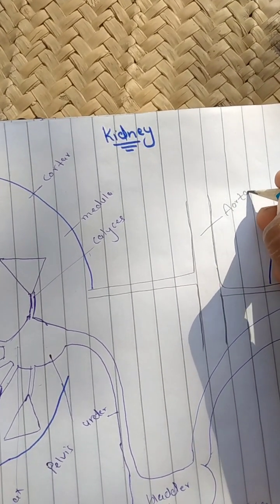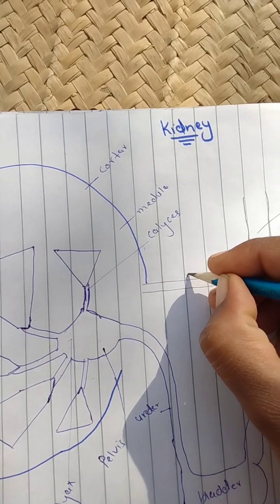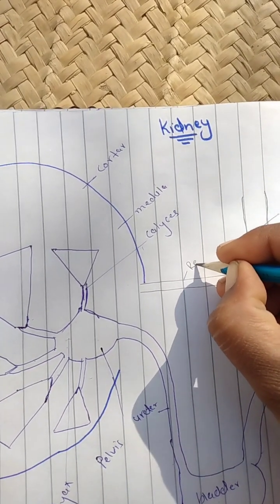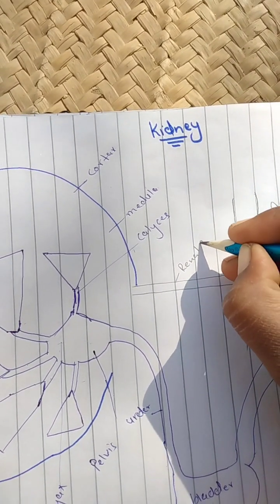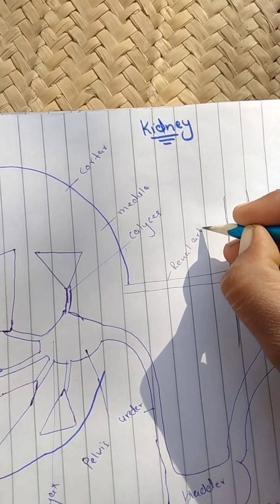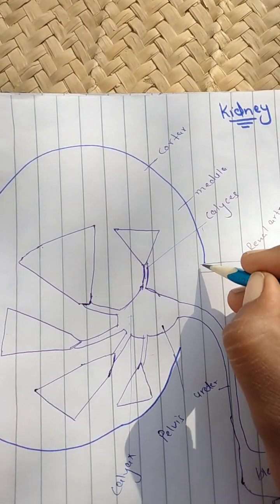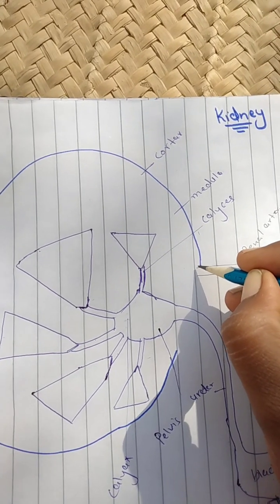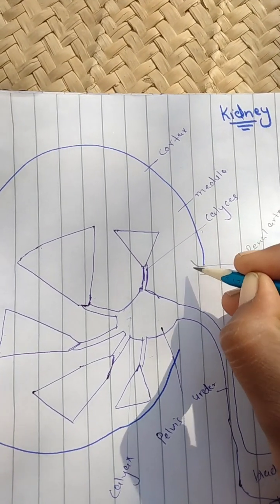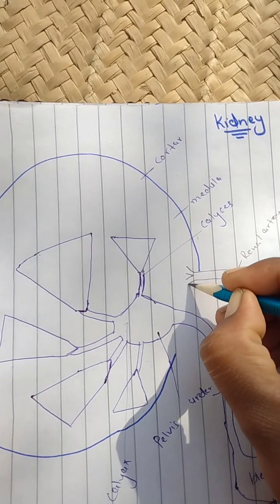Aorta, renal artery. These arteries divide into the segmental artery.